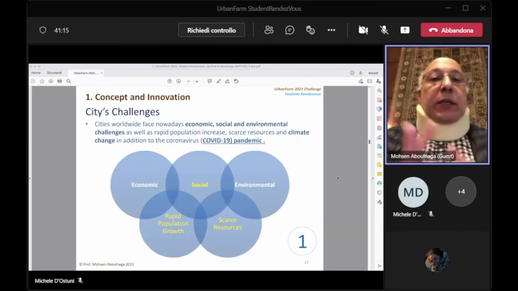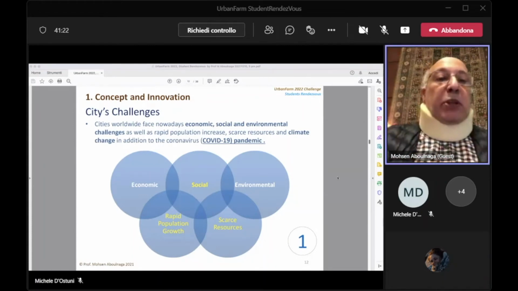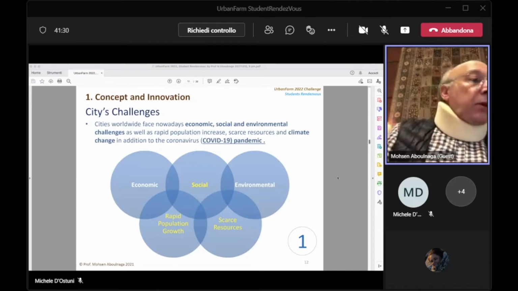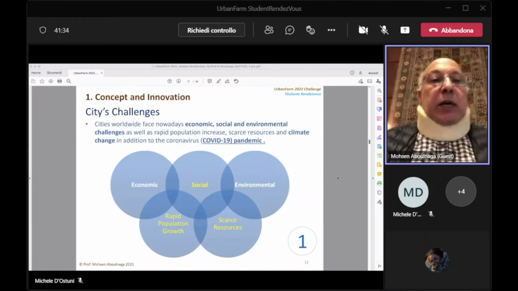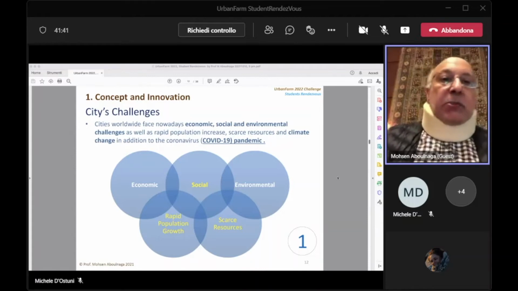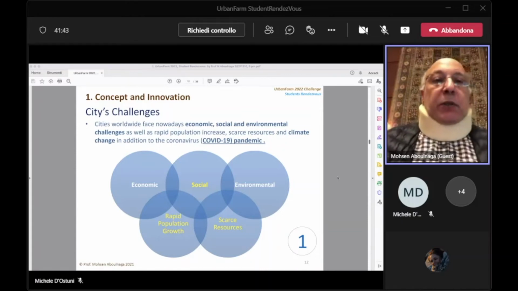So you need to look at the economic challenge, social challenge, environmental challenge, rapid population challenge. If the population increases in the city, how are you going to accommodate that in your project? You can get data from the municipality and then base the future expansion on that. Also, Professor Alessandra highlighted how you can manage the water, waste, and heat temperature and resources, the construction material, and then water, food, and also other things.